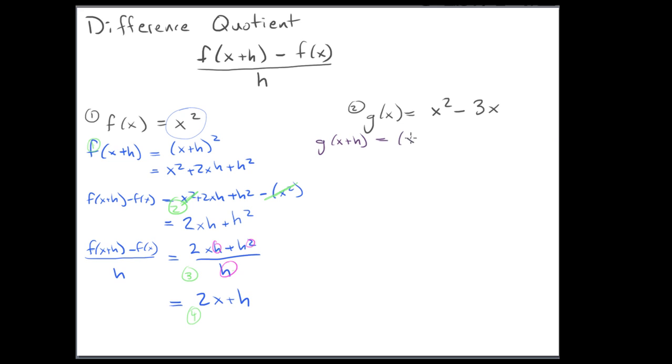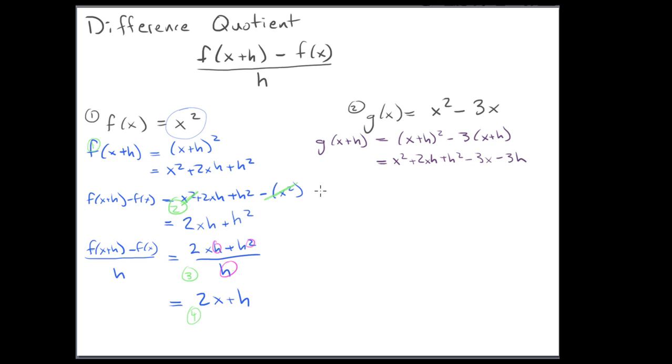So that's x plus h squared minus 3 times x plus h, and we simplify this all out. I'm getting ahead of myself. x squared plus 2xh plus h squared minus 3x minus 3h.